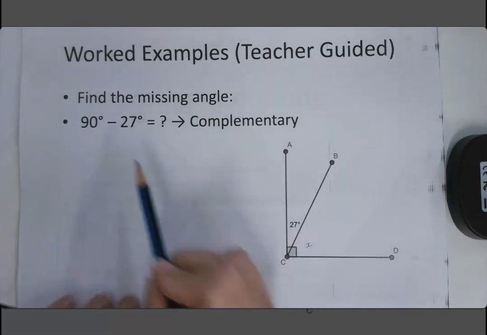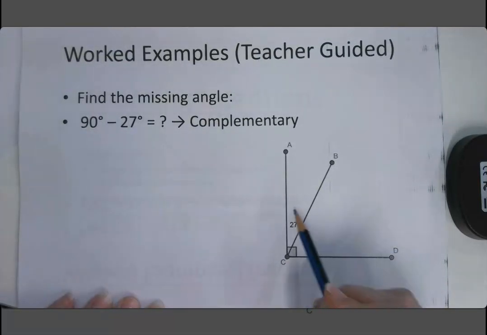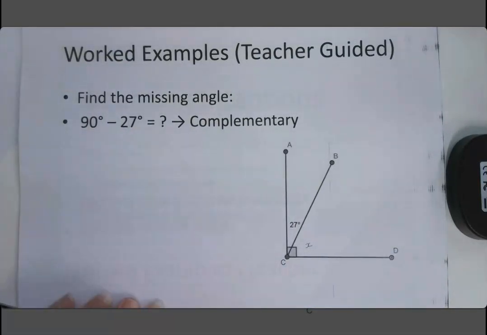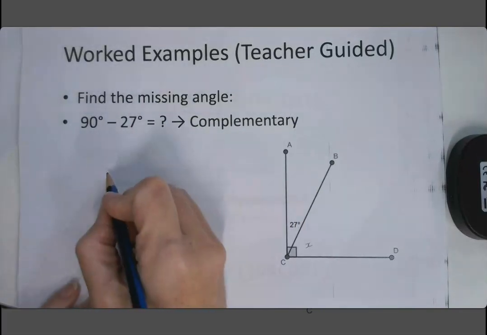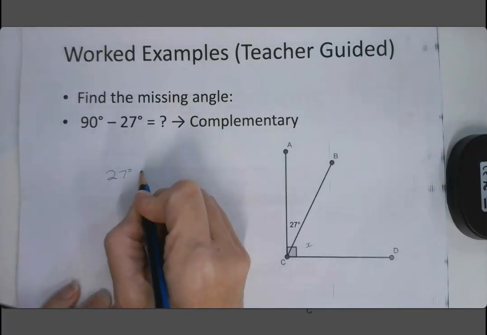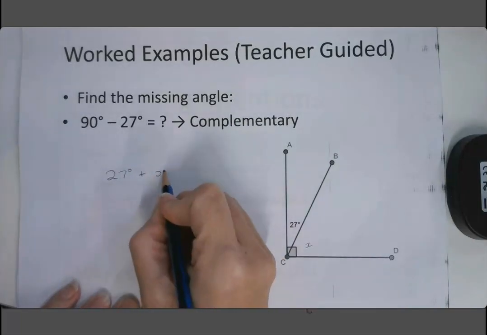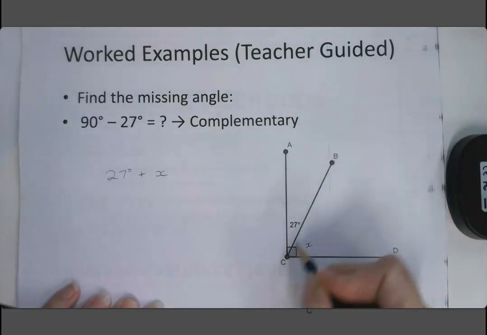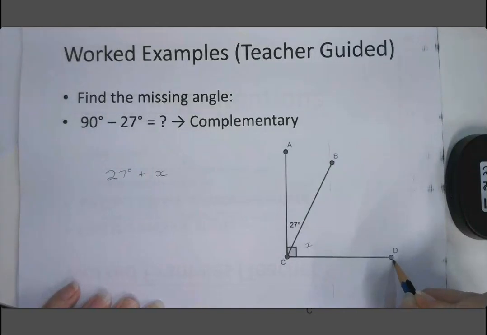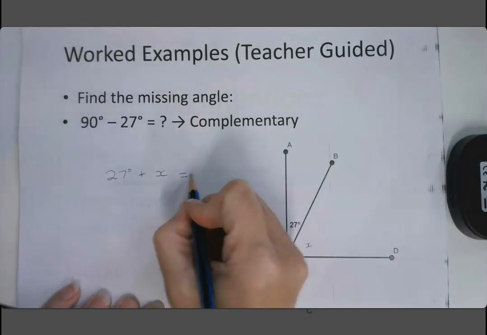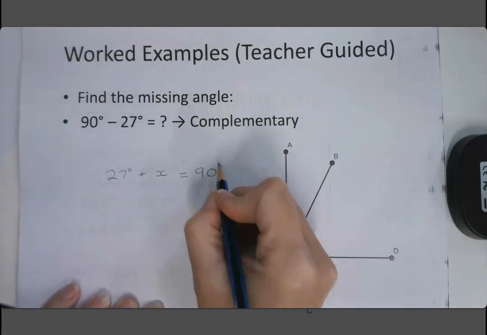If they're complementary, we know that when we add them together, they're going to give me 90 degrees. So that means that my angle 27 degrees plus this angle X, or it could have been angle BCD, is going to give me 90 degrees.